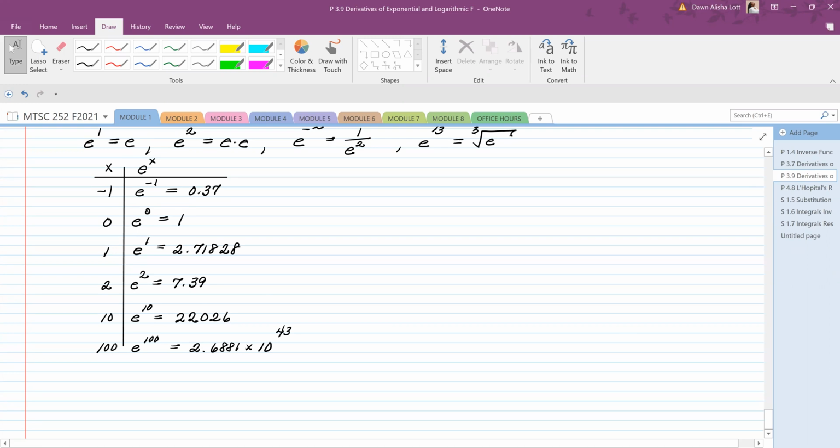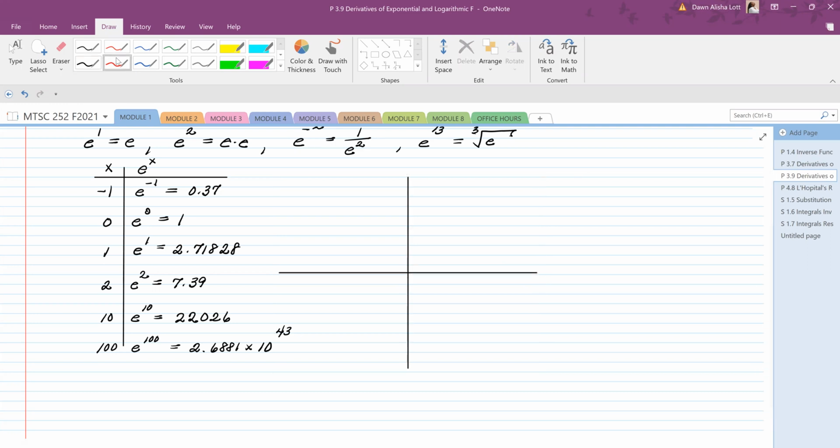That is why this is called the exponential function. So the exponential function e looks like this. Starts off very small. E to the 0 is 1. And then this function blows up very quickly.